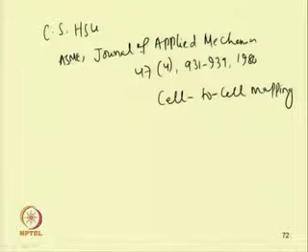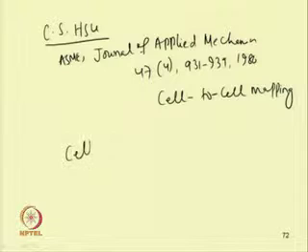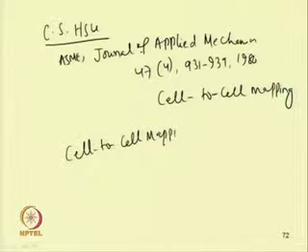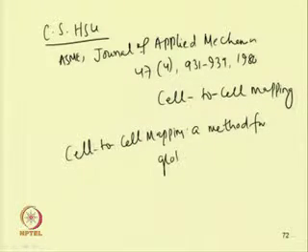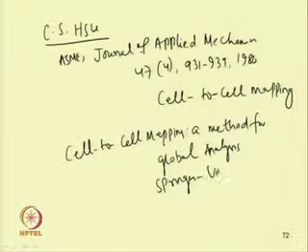Also, one can refer to a book by the same author, C. S. Hsu, Cell to Cell Mapping: A Method for Global Analysis of Nonlinear Systems, published by Springer in 1987. Also, one can use the point to point mapping technique.